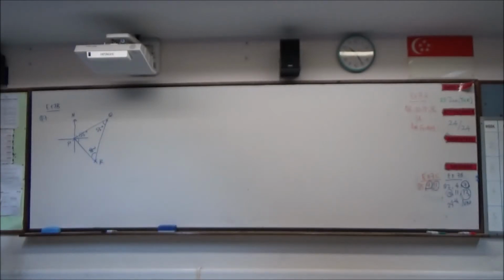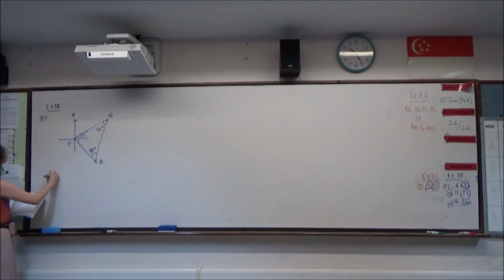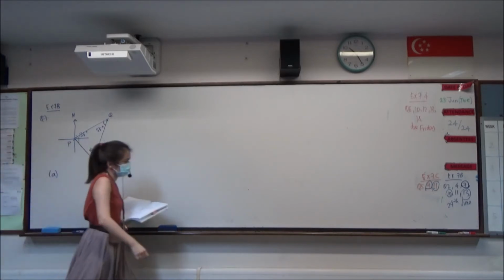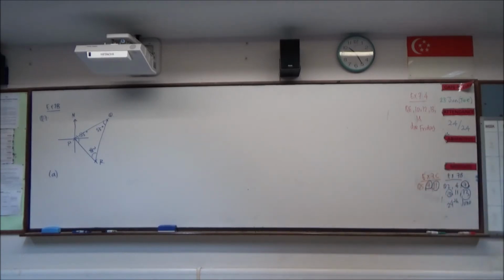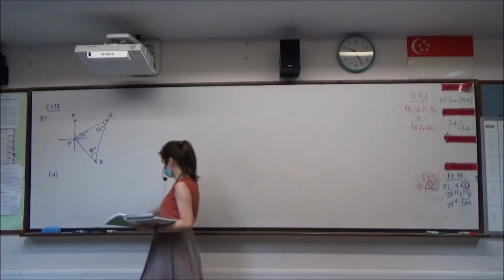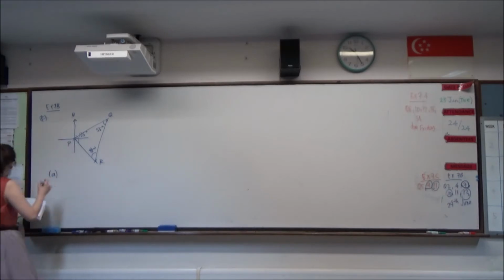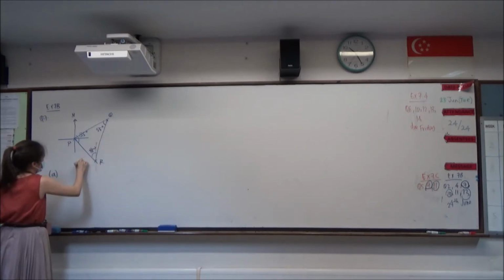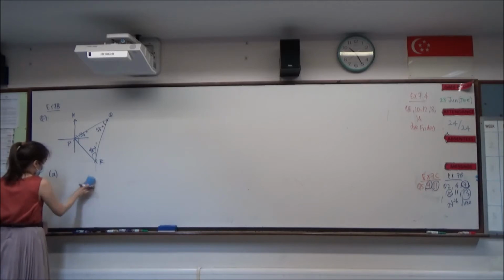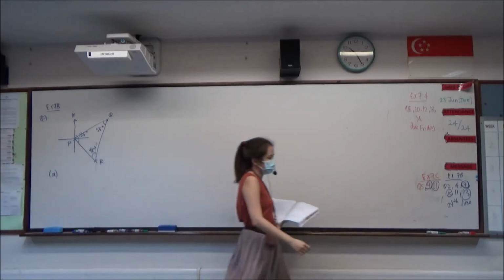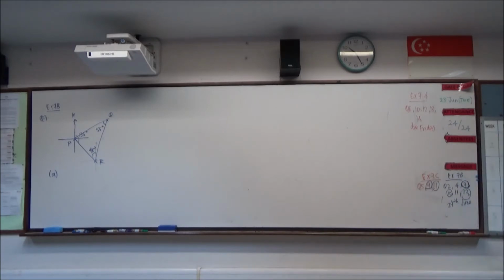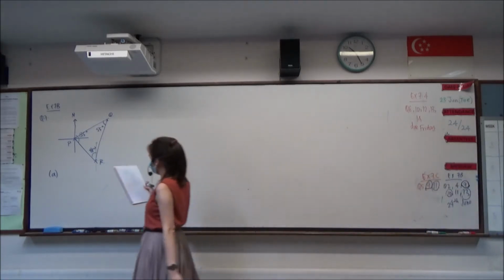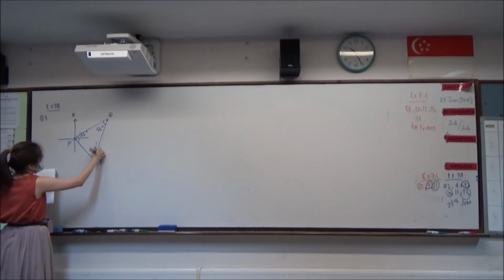Okay, in part A, we want to find out the bearing of P from R. So P from R, so we will have the north line somewhere here. So we are looking for this angle here.